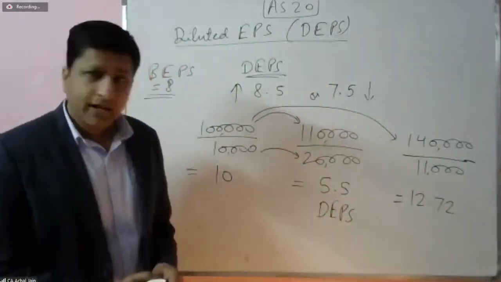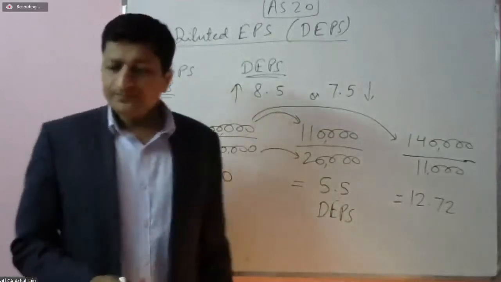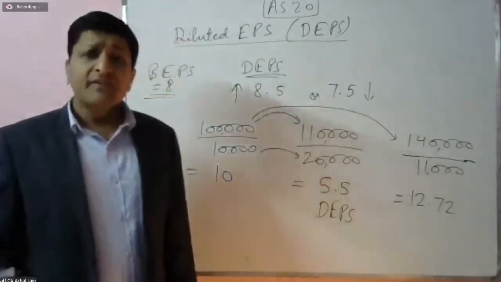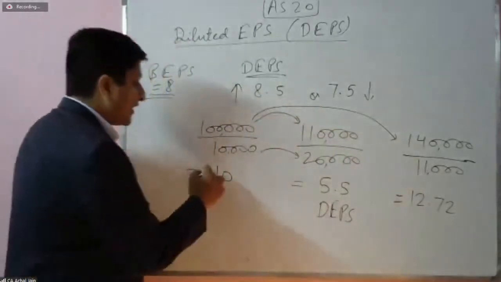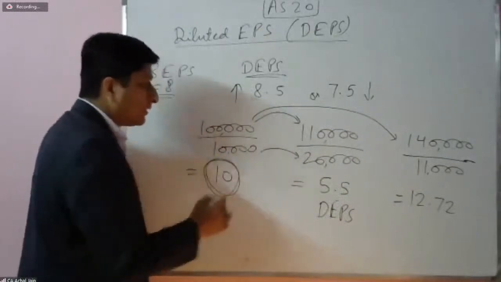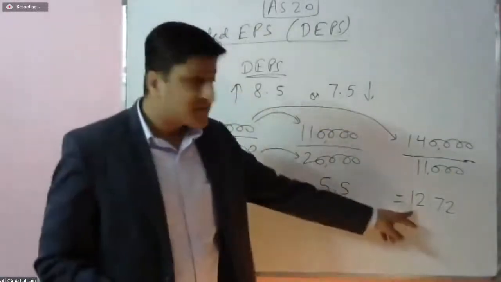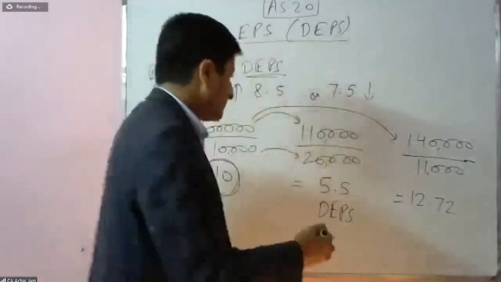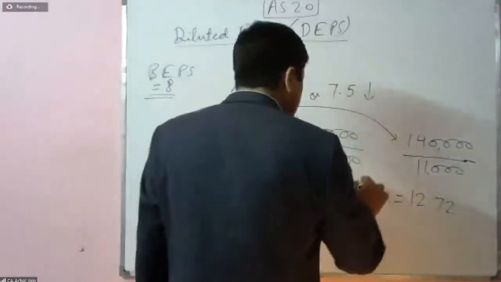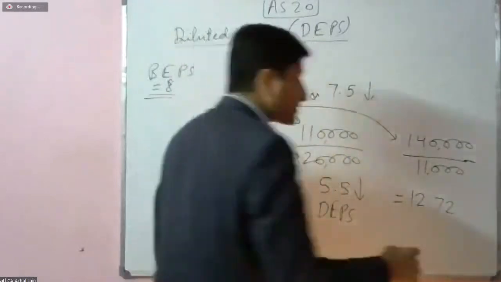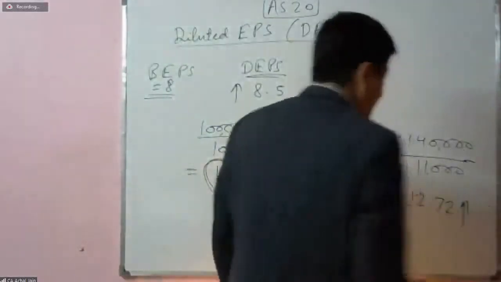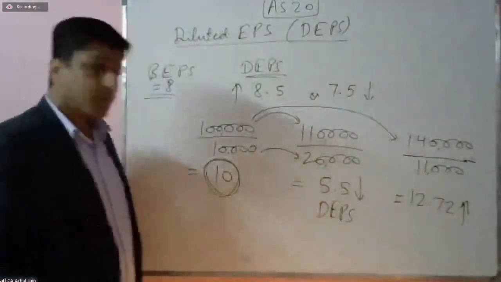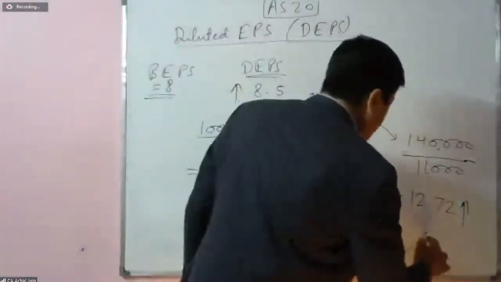Clear on this? Whenever we have a situation wherein the EPS doesn't go down but it goes up, this one was going down, but this one goes up as compared to this one.